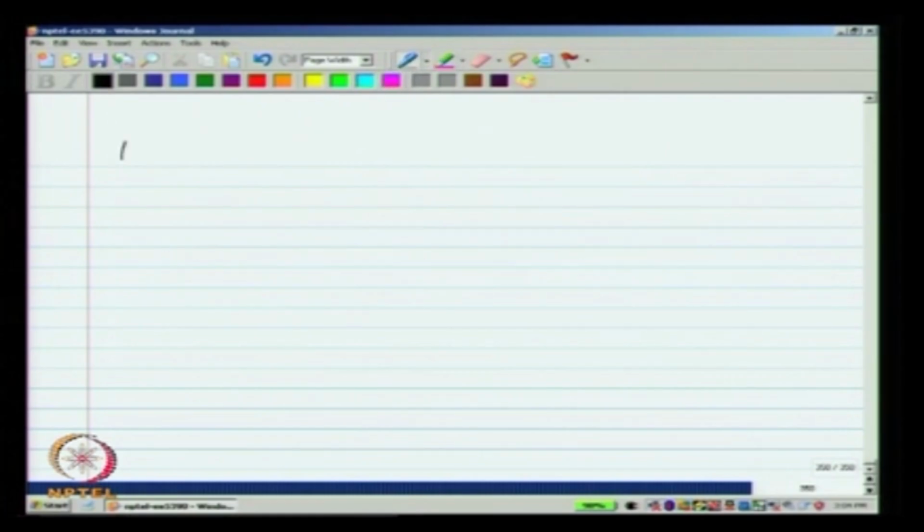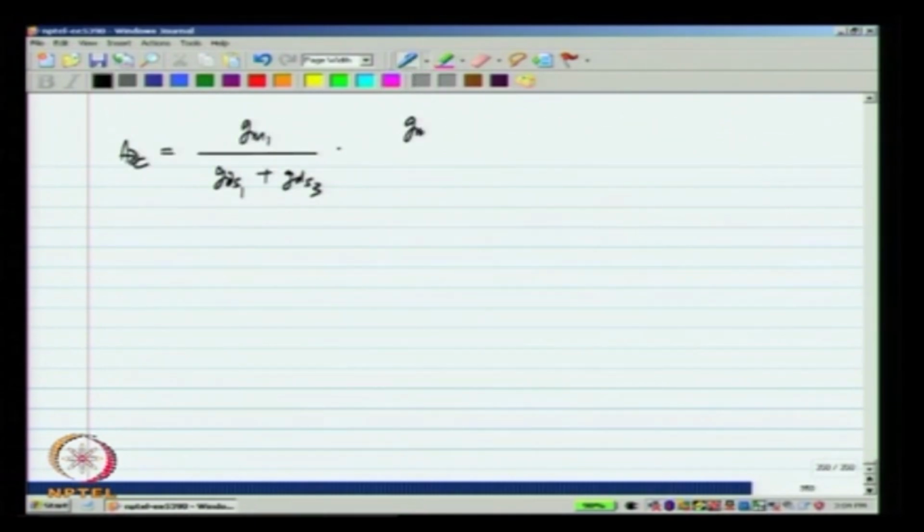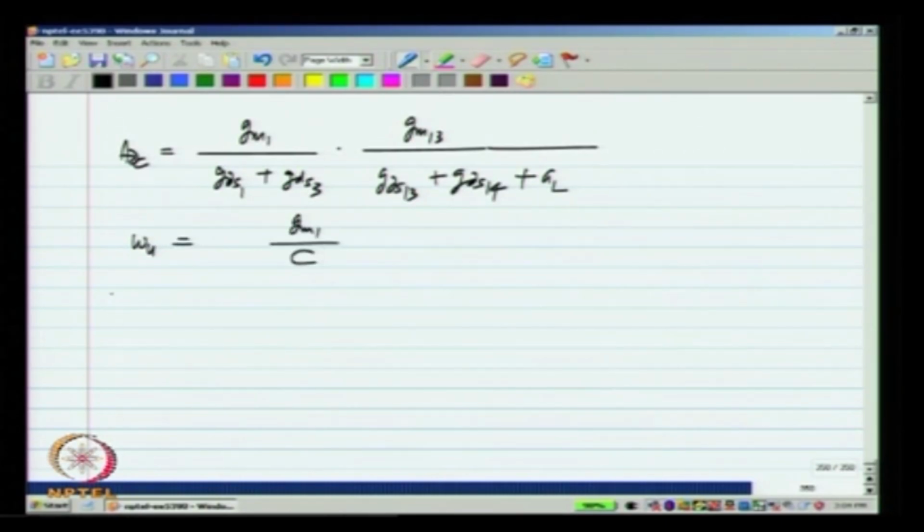So, the DC gain of this will be the gain of the first stage, GM1 by GDS1 plus GDS3, times, that is very easy to see in the half circuit, we have GM1 loaded by GDS1 and GDS3, times GM13 divided by GDS13 and GDS14. I am assuming that there could be some load here which will be GL, and the unity gain frequency of course will be GM1 by C.